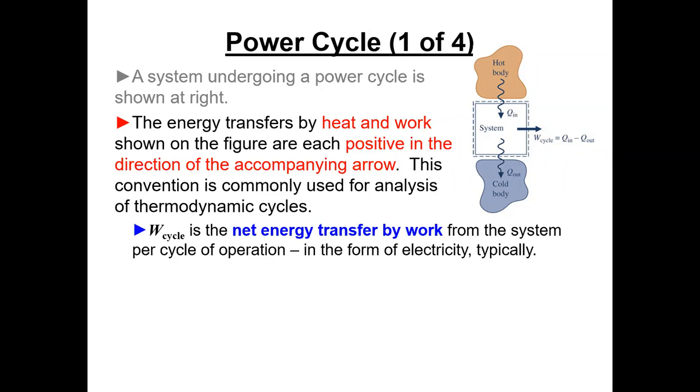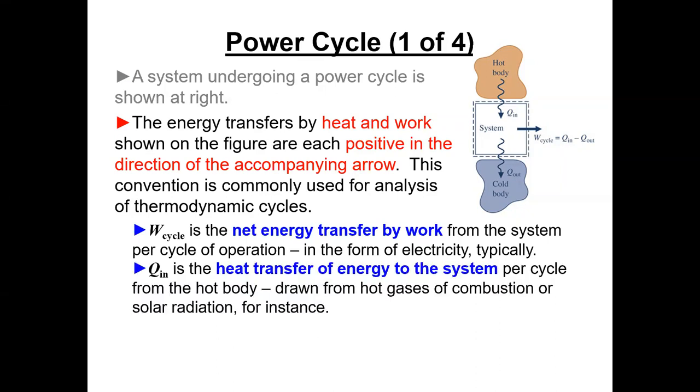So in some cases, we may have more than one work interaction in a cycle. You may have pump work, and you may have turbine work, and different types of work. So notice this is the net. When I take all of the work interactions into consideration, this is the net, and work coming out I'm taking as positive.